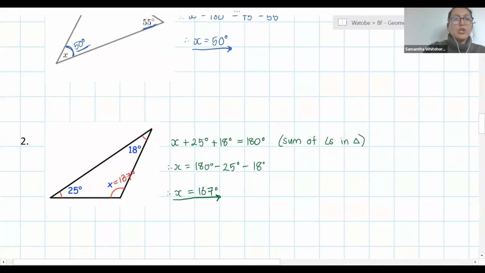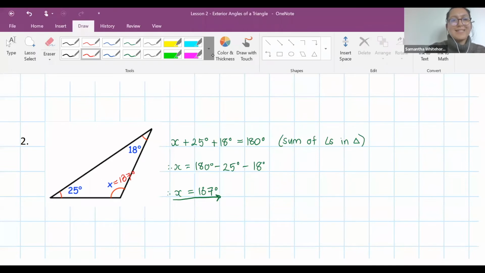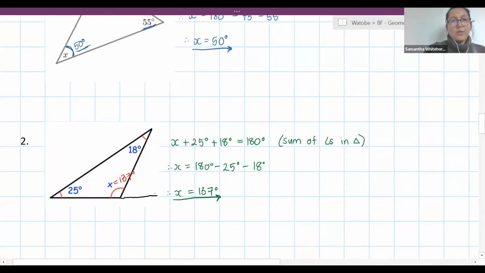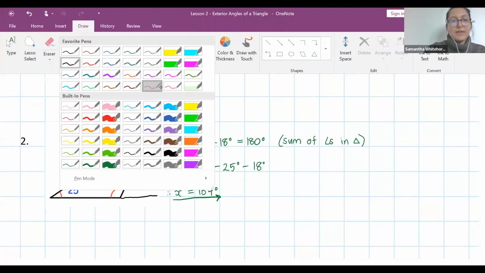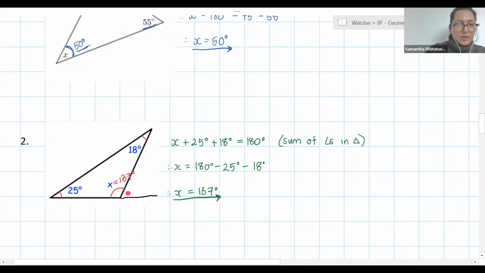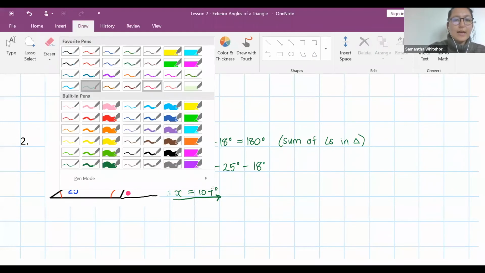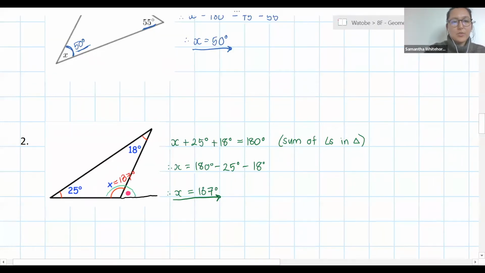So if I were to extend this side over here, hopefully we all agree that I have created an angle over here. So I'm going to use a little dot to mark that. I've created an angle by extending that side. And I could use angles on a straight line to work out what that pink dot is.